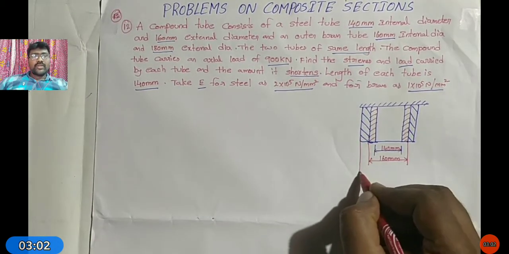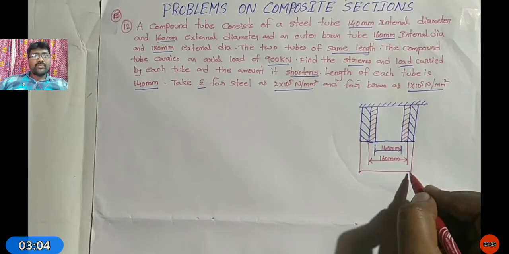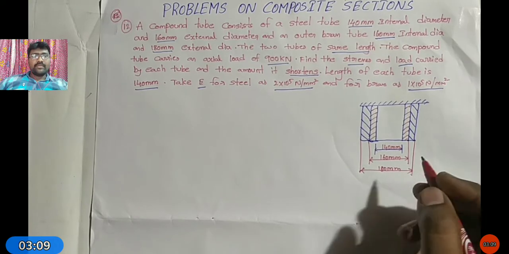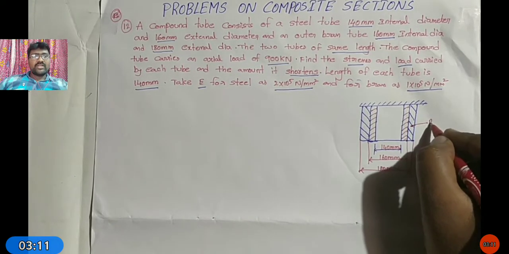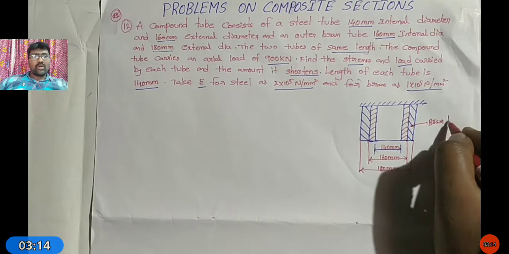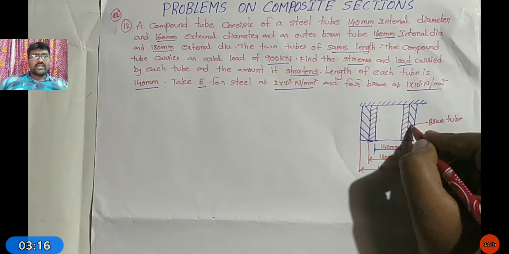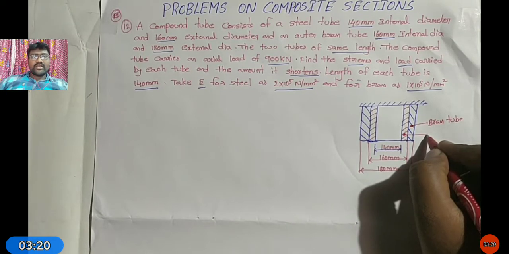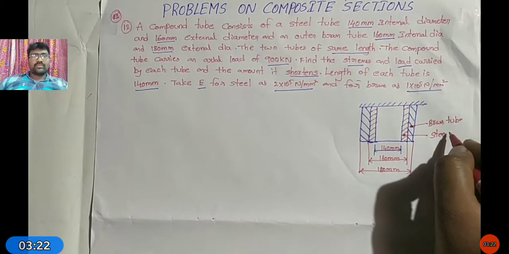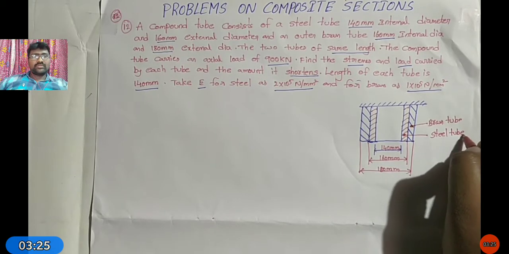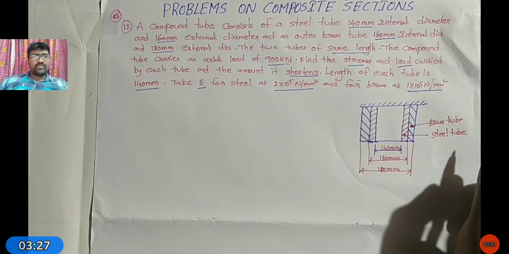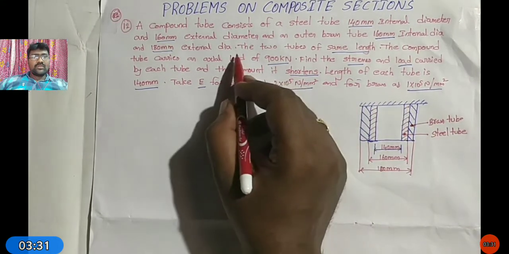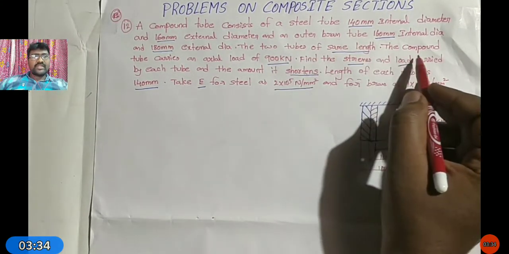Now mention the outer diameter of the brass tube, that is 180 millimeters. It is the brass tube, that is the outer one. Next, the inner one, which I marked in red color, is the steel tube. Next, the two tubes are of the same length.